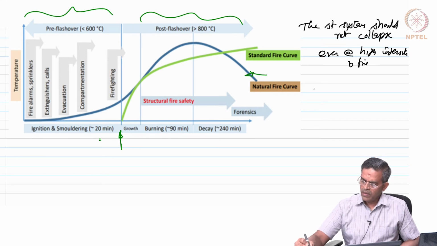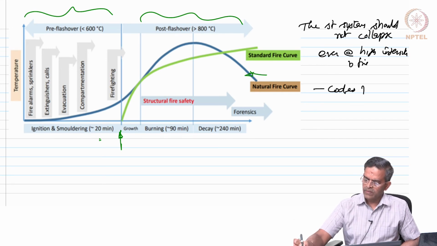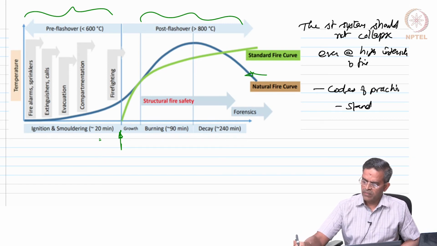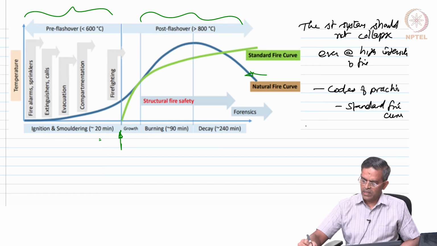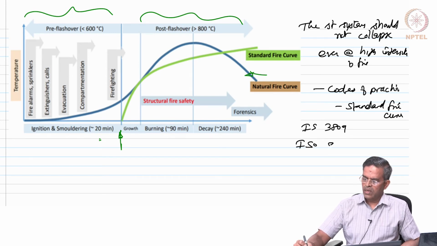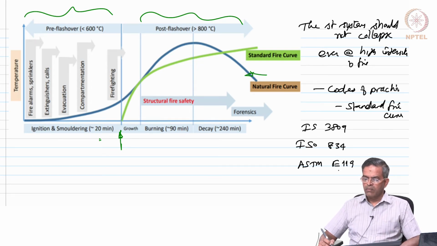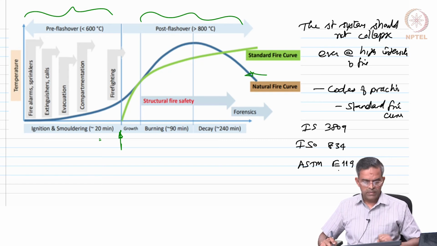Okay. There are various codes of practices which ensure this fire safety, which show the standard fire curve. For example, IS 3809, ISO 834, ASTM E119 help you by providing the standard fire curve.